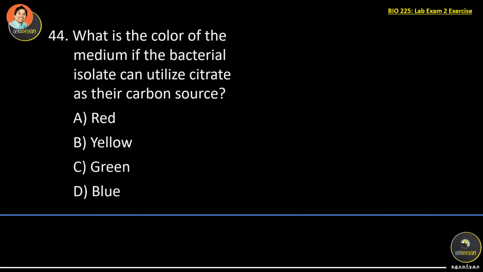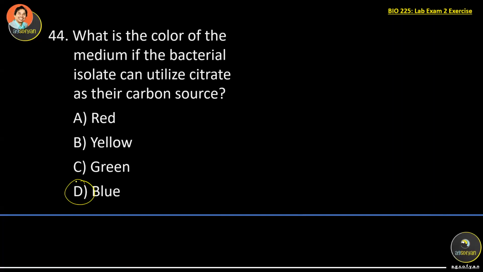What is the color of the medium if the bacterial isolate can utilize citrate as its carbon source? Choose your answer, A, B, C, or D. Yes, the color will change into blue.